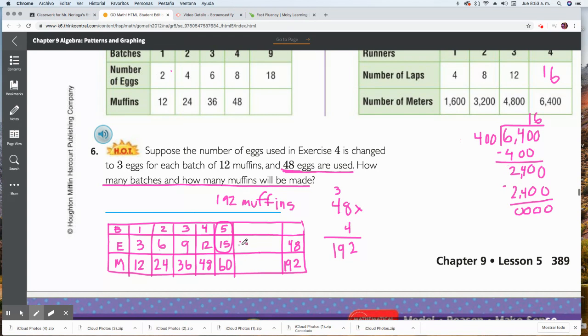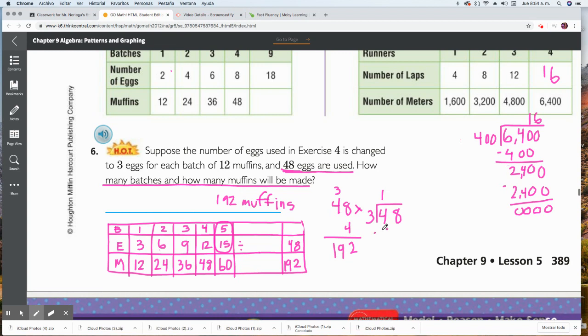Think about division. 15 divided by what number equals 5? 12 divided by what number equals 4? 9 divided by what number equals 3? 6 divided by what number equals 2? 3 divided by what number equals 1? Of course, 3 divided by 3 equals 1, so the answer would be 3. So we need to divide 48 by 3 to find the number of batches.